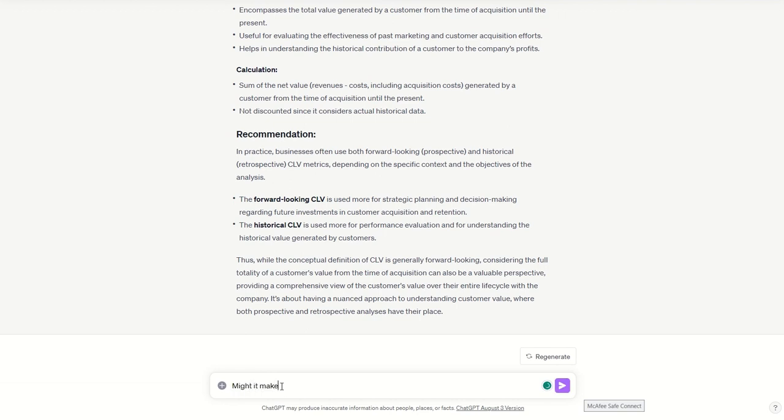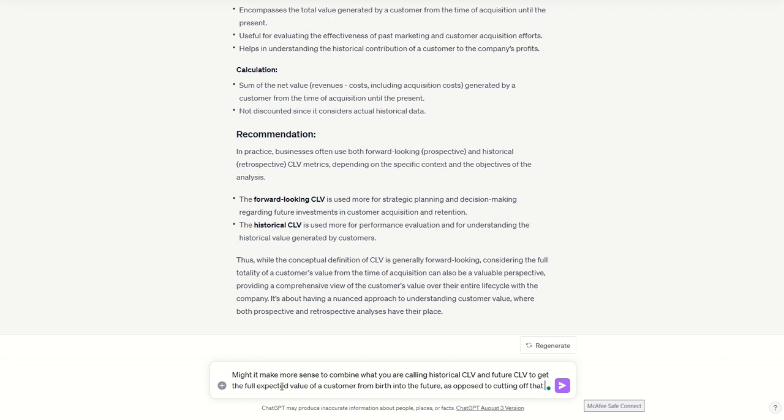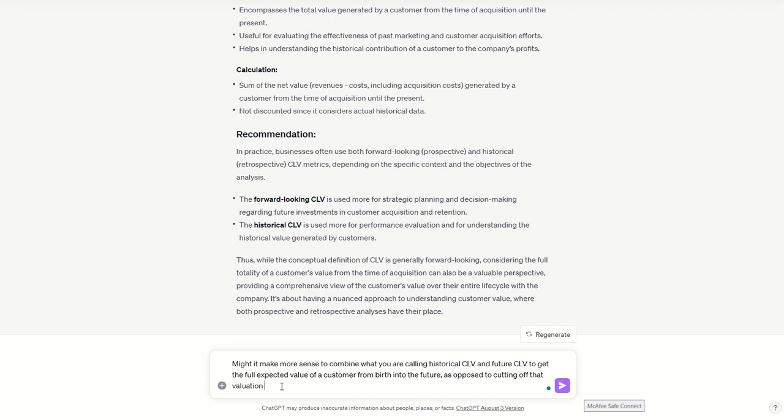Might it make more sense to combine what you are calling historical CLV and future CLV? Full expected value of a customer from birth into the future, as opposed to cutting off that valuation at the present time, or ignoring all prior costs and revenues.